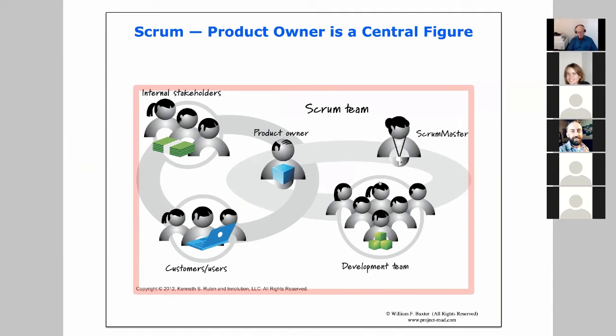He's interfacing with the development team to clarify the requirements within the user stories to help the development team understand more clearly what it is they're trying to create. And he's communicating with the Scrum Master to help keep everything flowing smoothly and to make sure that the work dynamics are as cordial and productive as possible.